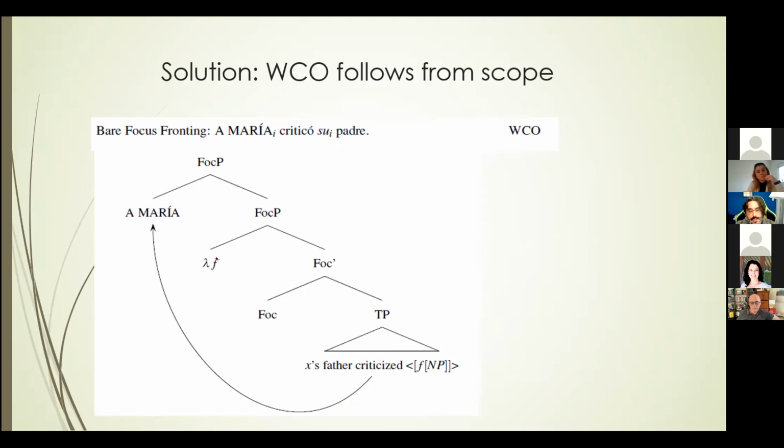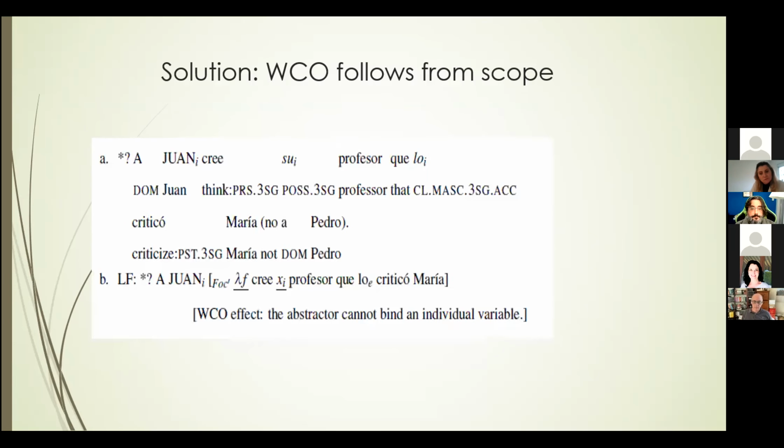A-bar movement, according to many approaches to weak crossover, does not abstract over individuals, it abstracts over choice functions, and this choice function, of course, cannot bind this individual variable, and then you cannot get the co-reference between the dislocated element and the possessive.